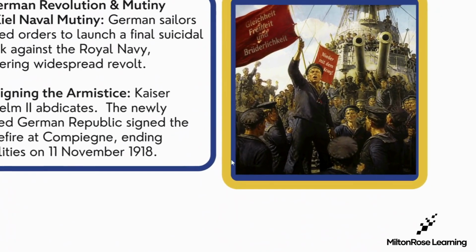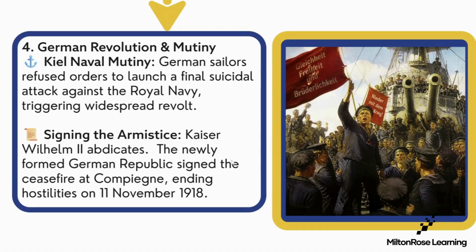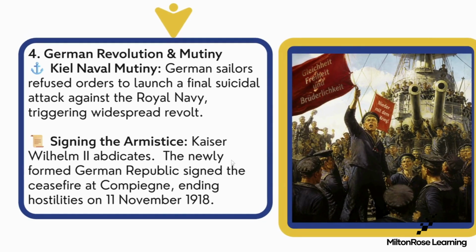Then, lastly, I would say, German Revolution and mutiny, as you can see in the image there. So there was a naval mutiny at the North German port of Kiel. So German sailors refused orders to launch a final suicidal attack against the Royal Navy, and that triggered widespread revolt. They'd basically had enough, and they were just, forget this, and that was the fraying of German military discipline.